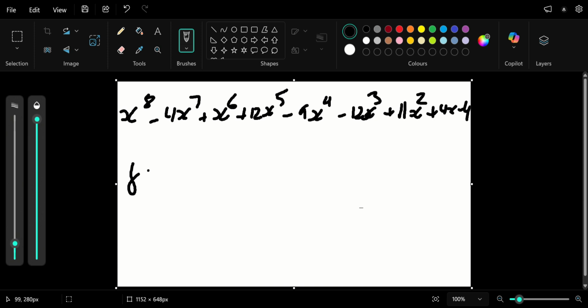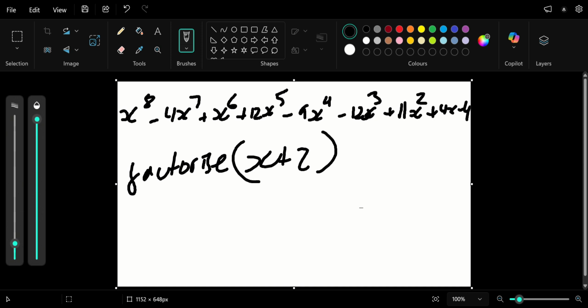Factorize by x plus 2. That's the question. You can have a go and come back and check your answer.